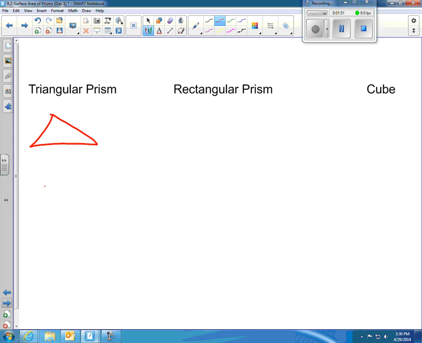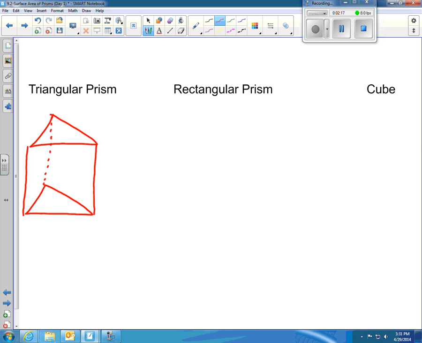Now we're going to connect those bases. These first two lines are going to be solid because we actually see them. And this back one I'm going to make dotted because it's that hidden line. Now notice all of my vertical lines are parallel to each other.